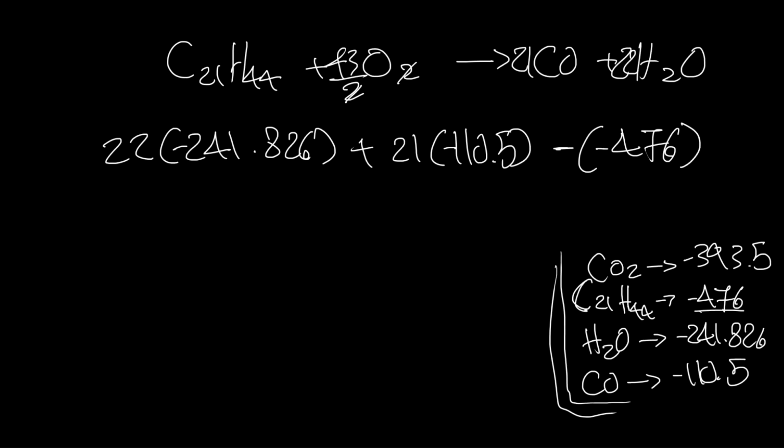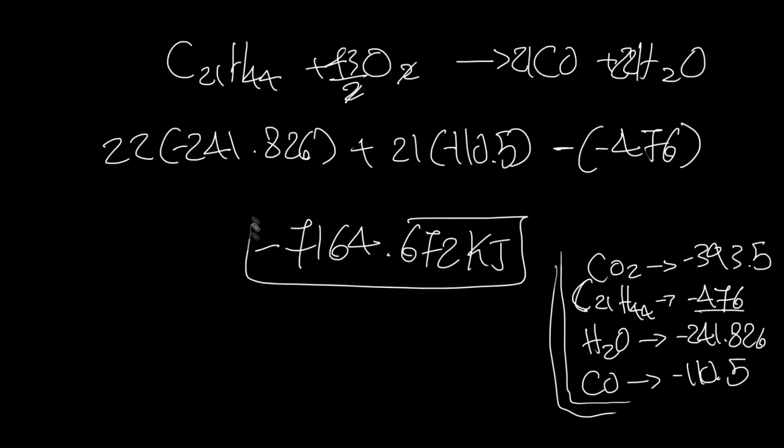You should calculate that, and I got negative 7164.672 kilojoules. That's for the second equation, the incomplete combustion that forms carbon monoxide and water vapor.